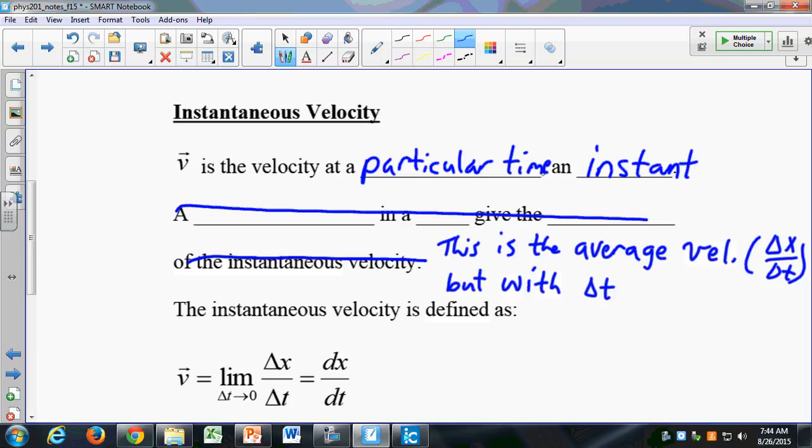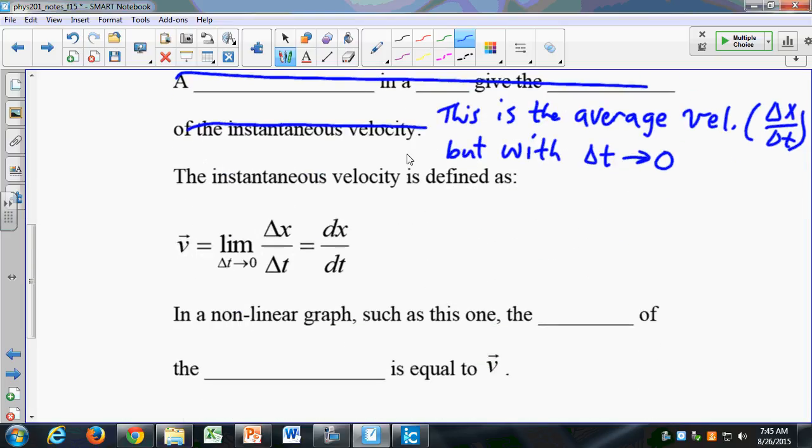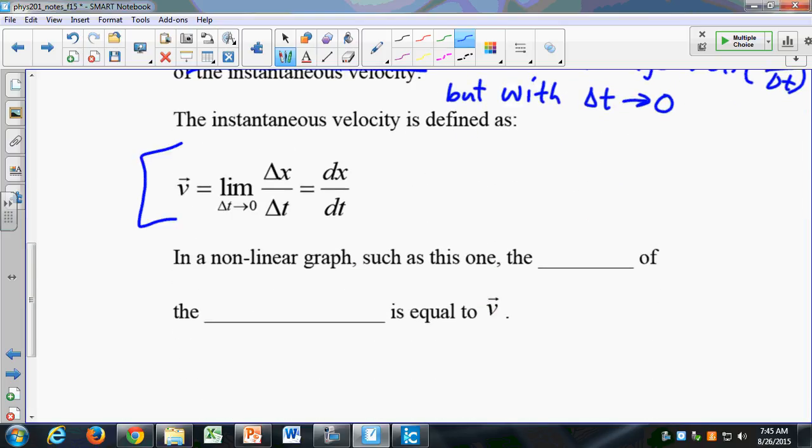So if we're looking at a particular instant of time, what is delta t going to equal? It's going to equal 0, because at a particular instant of time there is no delta t, it's just an instant. But we're going to have delta t approaching the value 0.